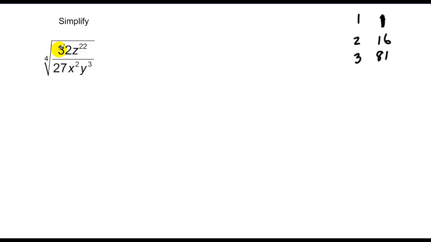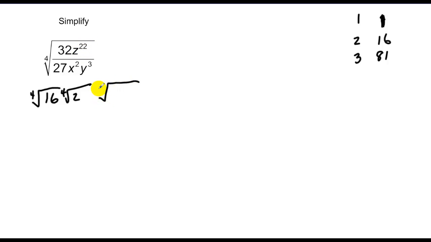So within 32, I have a perfect fourth of 16. So I'm going to break this down into the fourth root of 16 and the fourth root of 2. And then something multiplied by itself 4 times is going to get me z to the 22nd.